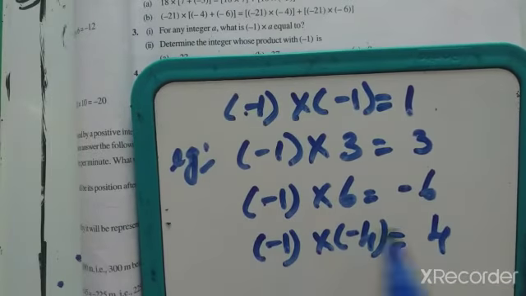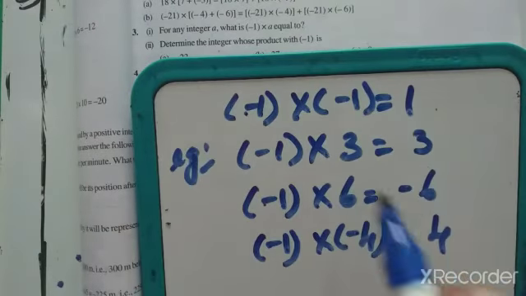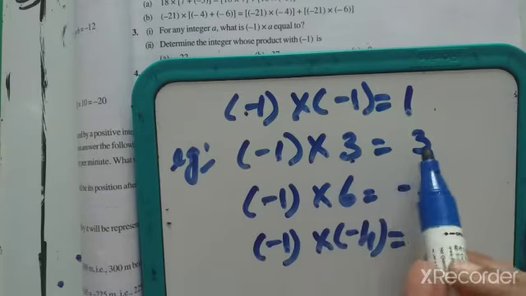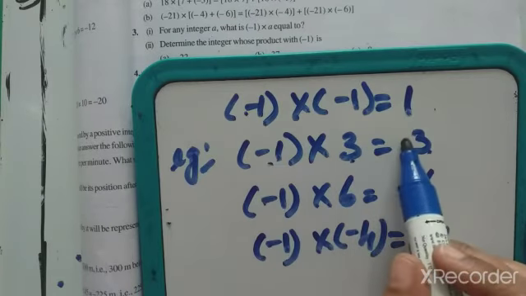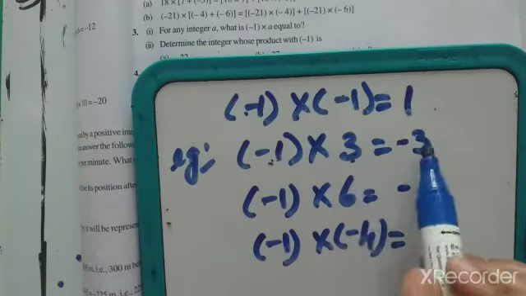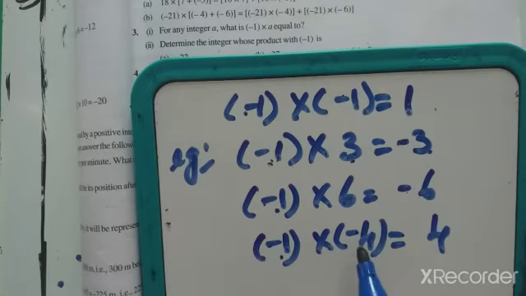Minus into minus is plus. So with minus 1, any number, positive or negative, you can write. Minus 1 into minus 1 is 1, minus 1 into 3 is minus 3, minus 1 into 6 is minus 6, minus 1 into minus 4 is minus into minus is plus 4.